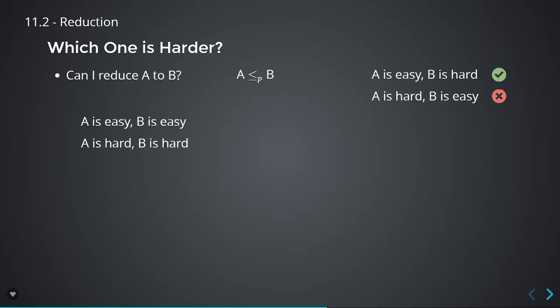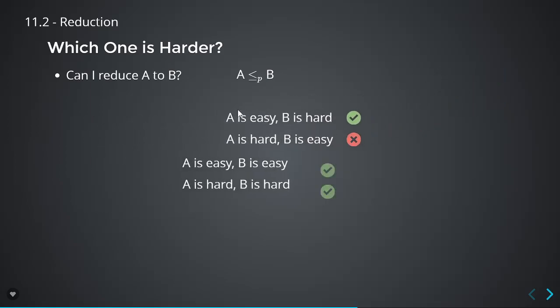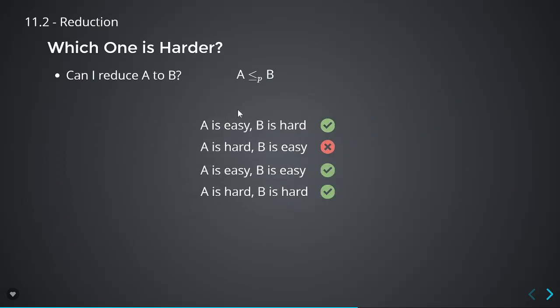And the last one here, it's not interesting because hard stays hard. Actually, these last two, they're not interesting because if you just stay in the complexity class, P is still P, NP is still NP, or EXP is still EXP. So again, not that interesting. But anyway, these are all the possibilities that you can have.